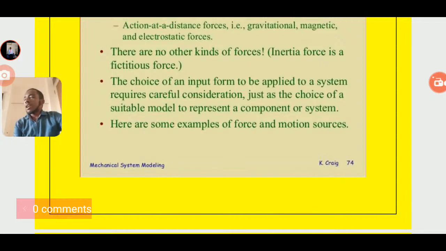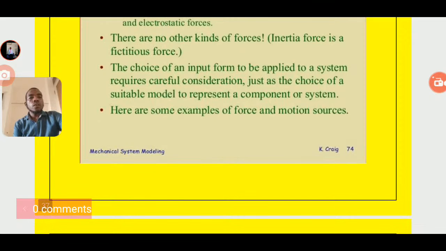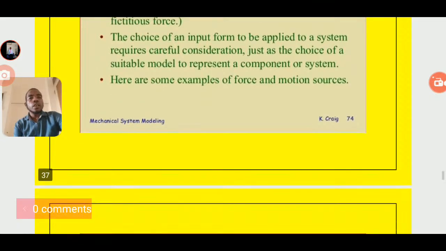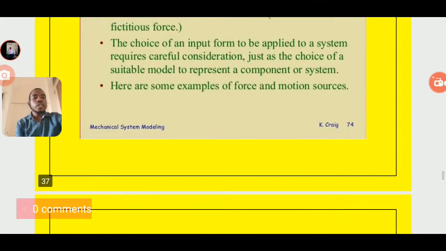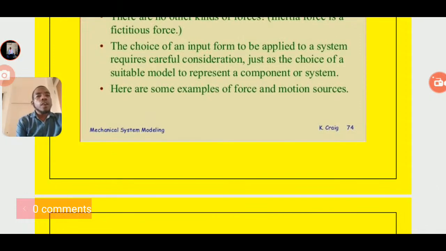There are no other kinds of forces, which means inertial force is a fictitious force. The choice of an input to be applied to a system requires careful consideration, just as the choice of a suitable model to represent a component or system.